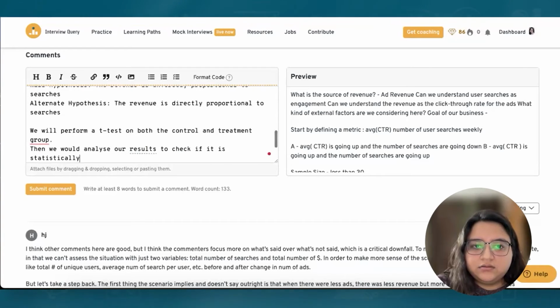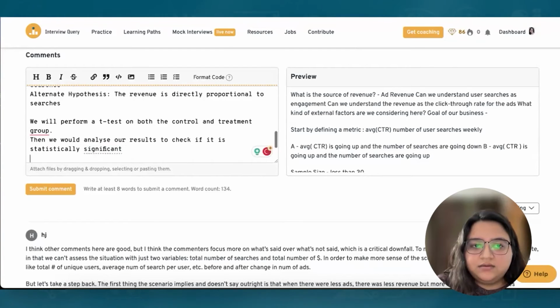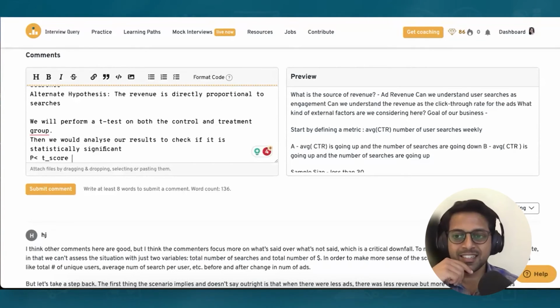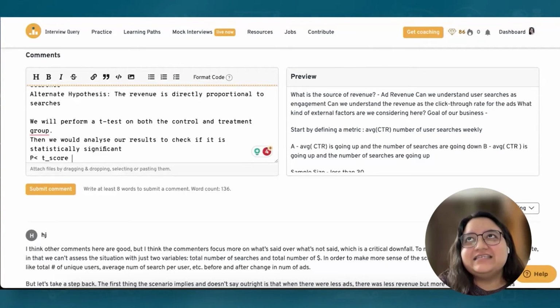By that, I mean that if our p-value is less than the t-score, then we would accept.